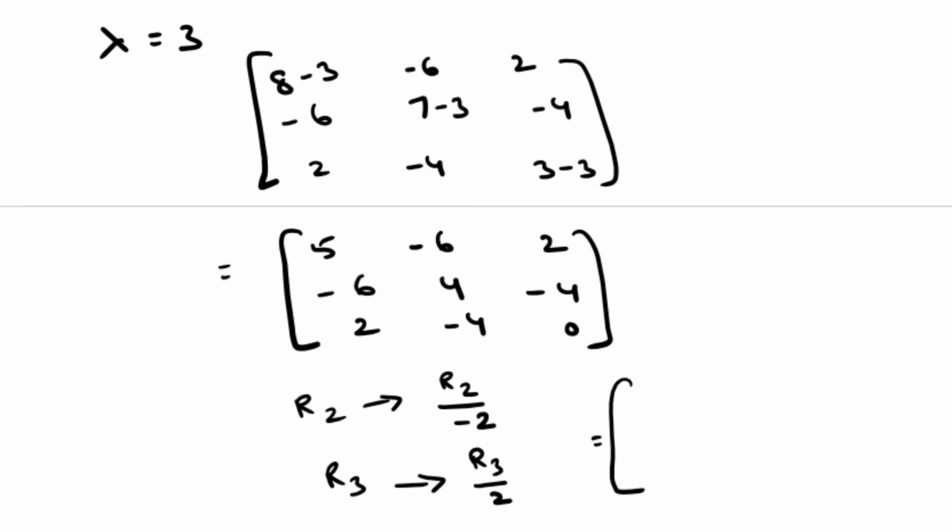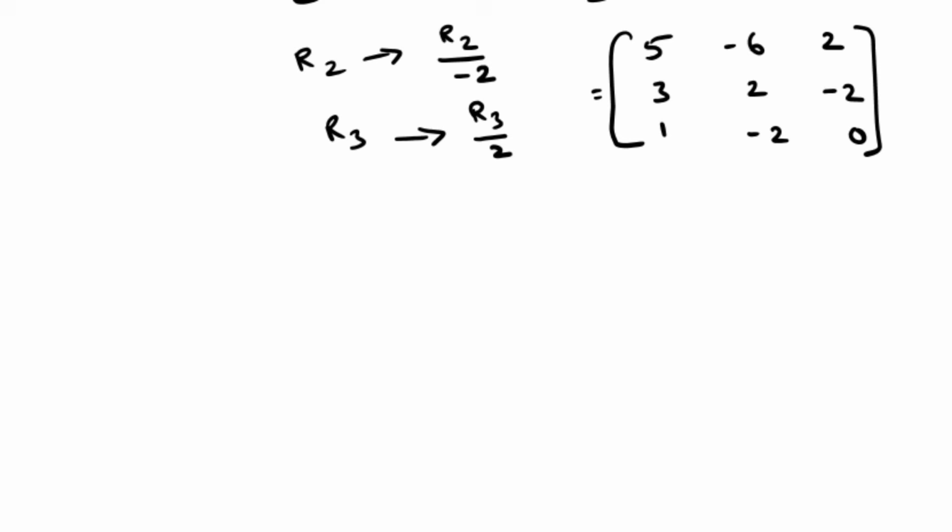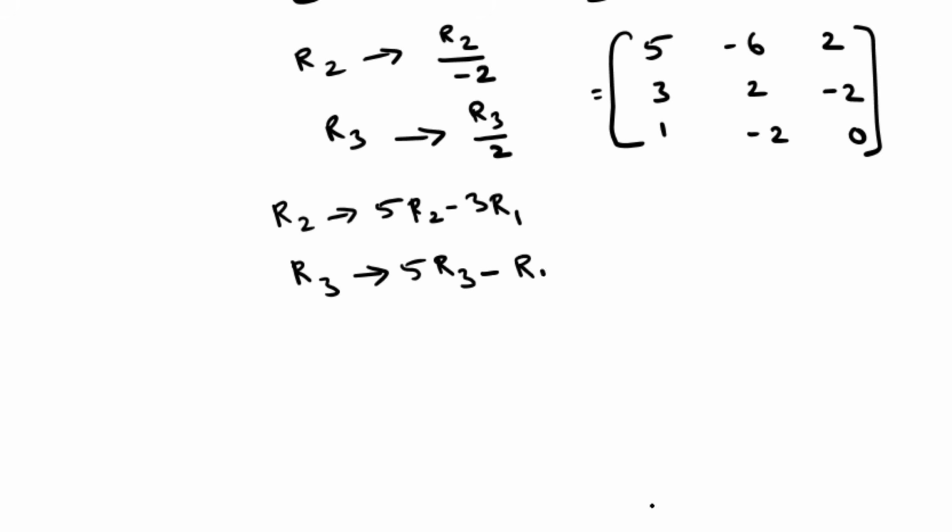The matrix will be, row 1 as it is, R2 implies 5R2 minus 3R1 and R3 implies 5R3 minus R1.